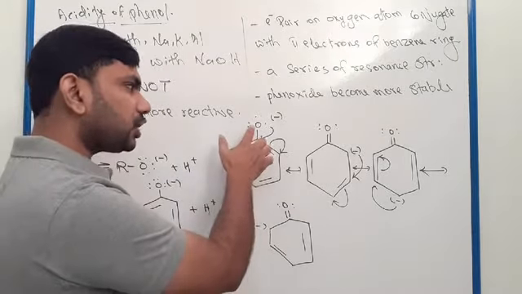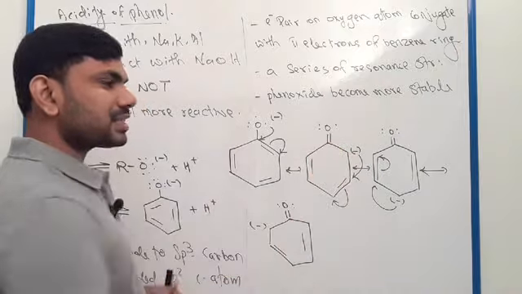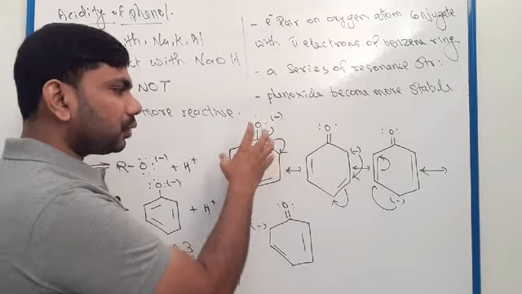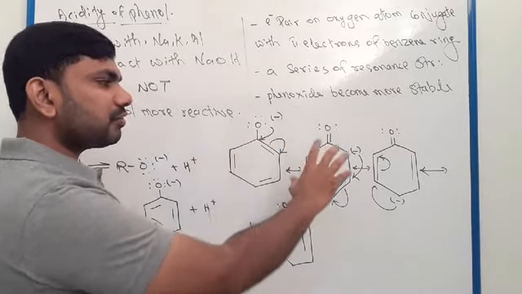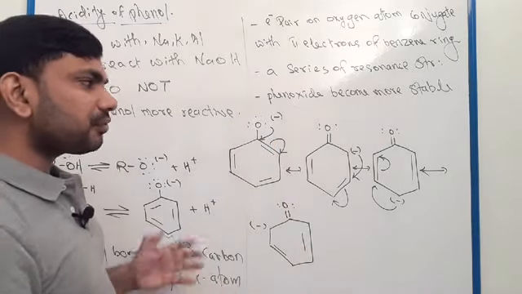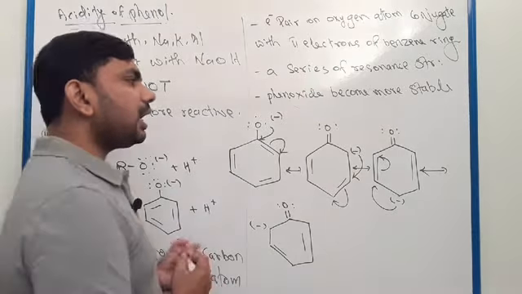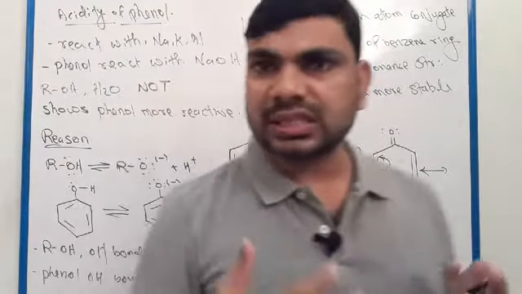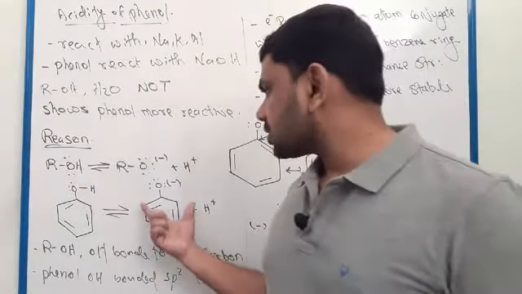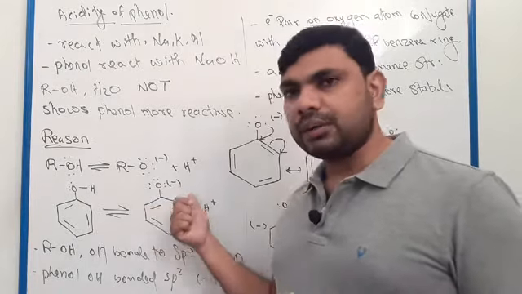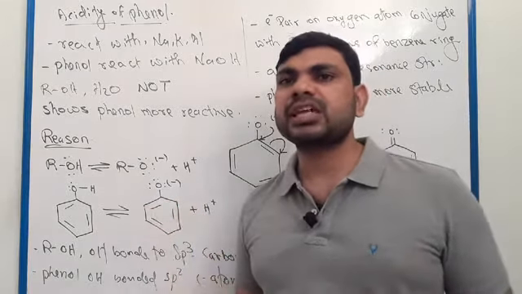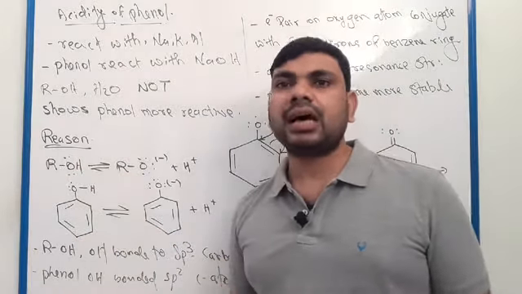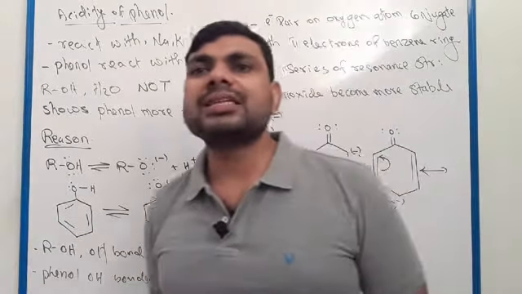Here, instead of halogen, it is oxygen, with the same resonance structures. Because of this resonance, phenoxide is more stable. That's why phenol is more acidic than alcohol.